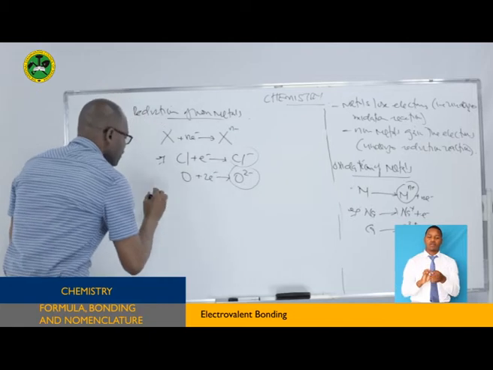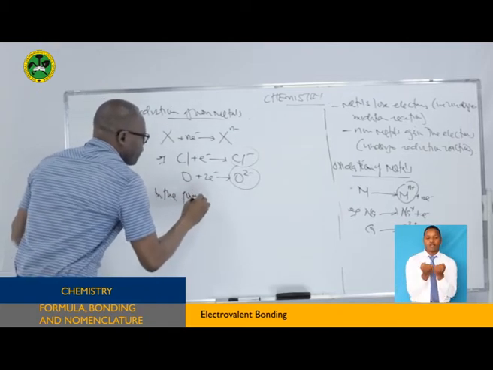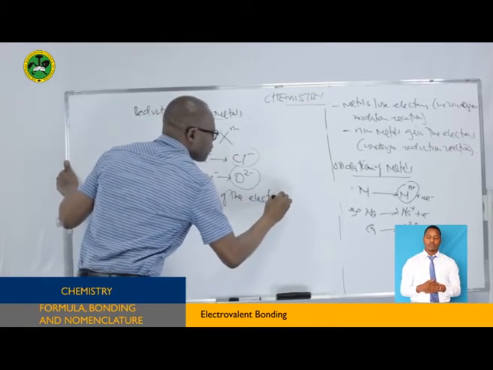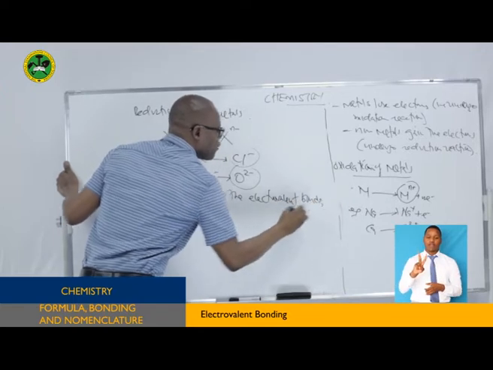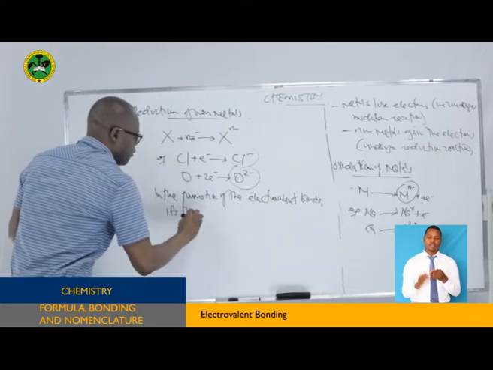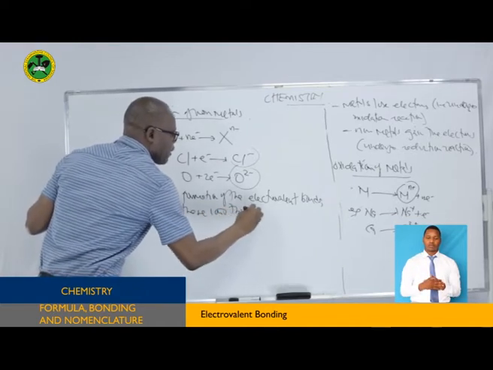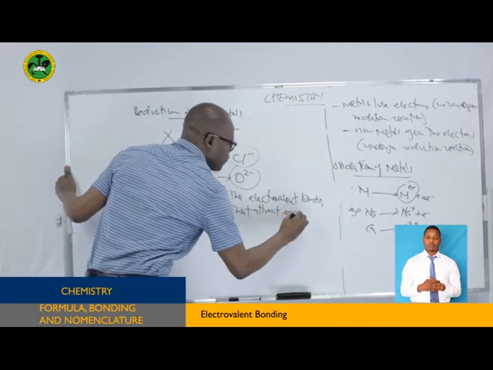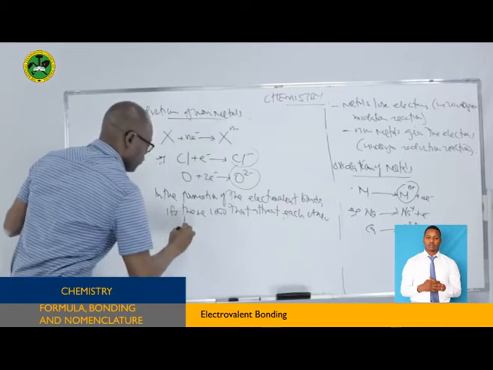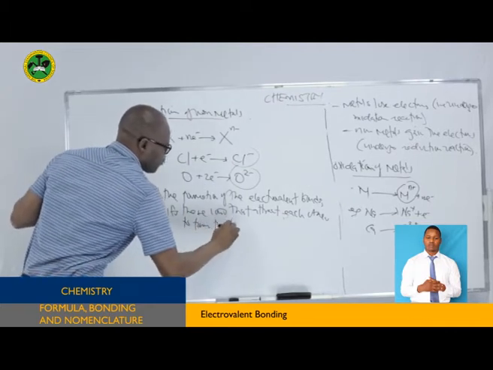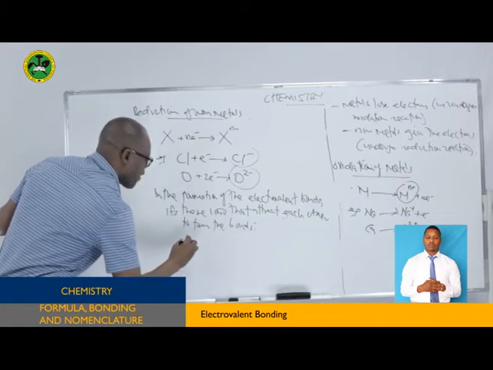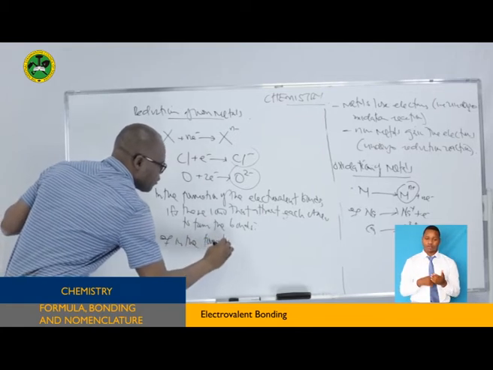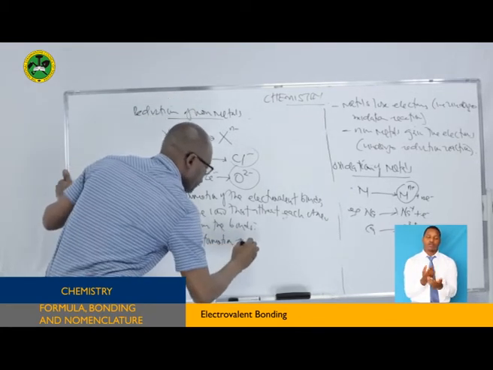So in the formation of the electrovalent bonds, it is these ions that attract each other to form the bonds.